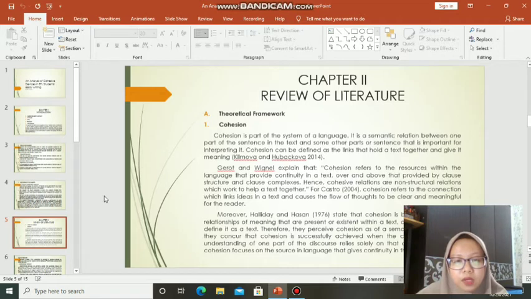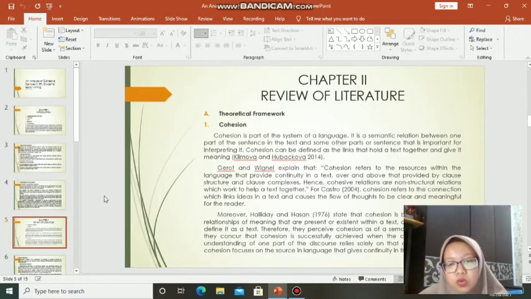It comes from Klimova and Hubakova, 2014. And then Garrod and Wignall explain that cohesion refers to the resources within the language that provide continuity in a text over and above that provided by clause structure and clause complexes. Hence, cohesive relations are non-structural relations which work to hold a text together.